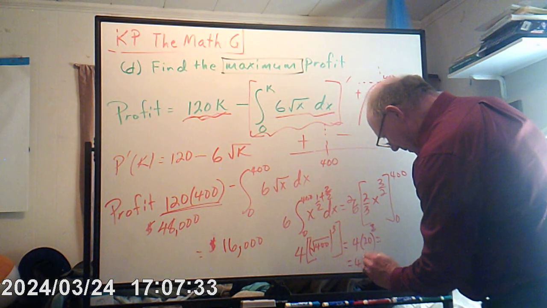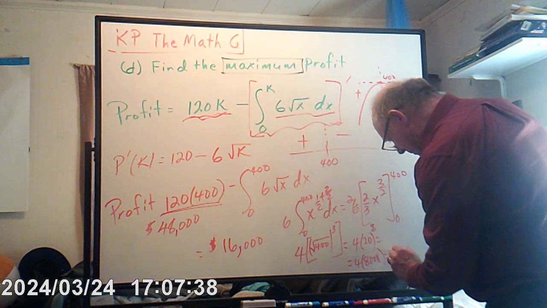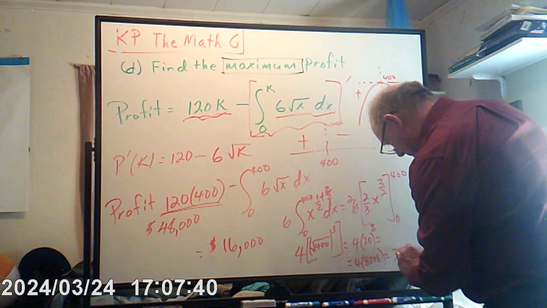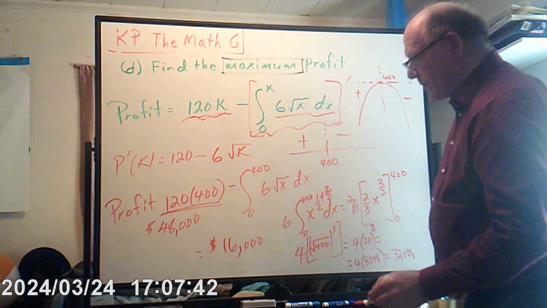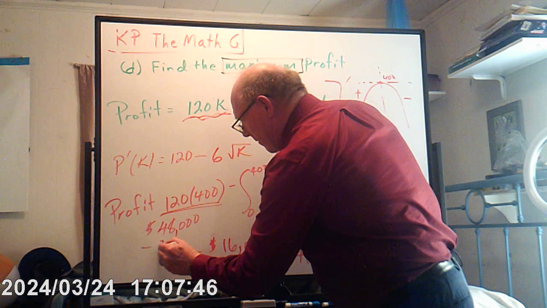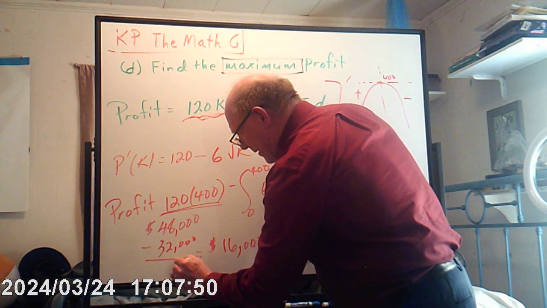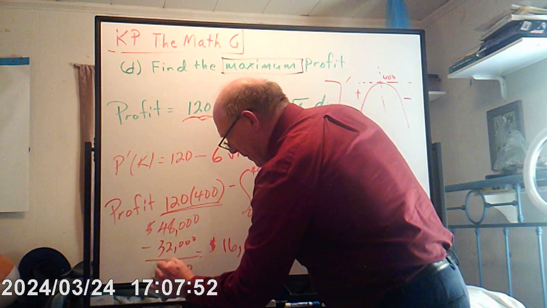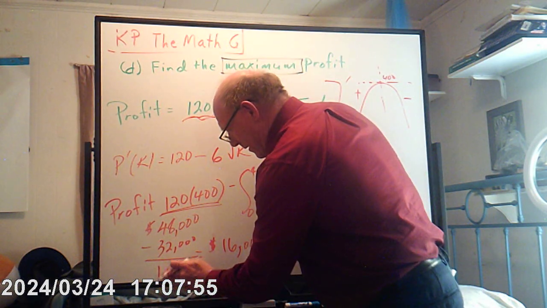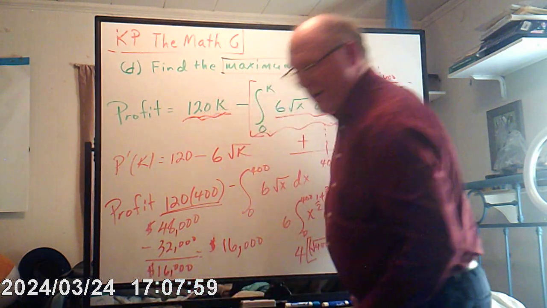So 4 times 8,000 is 32,000 here. So 48 minus 32. Doing it by hand, you see that it does give me 16,000. There it is. I'm doing that by hand.